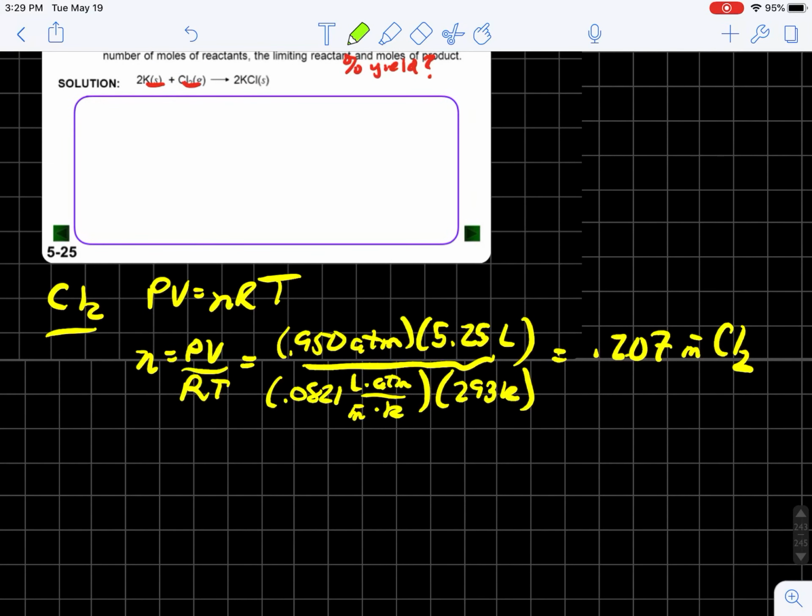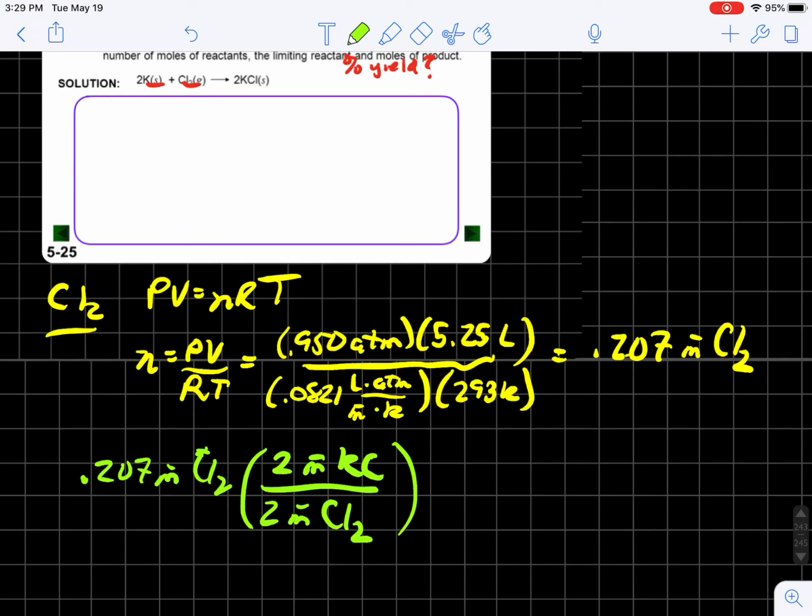As it turns out, it's a 2-to-2 mole ratio. So here's the documentation. Of course, if I was doing this on a multiple choice test, I wouldn't bother to document this out. I would just quickly go for the answer. So 0.207 moles of potassium chloride.